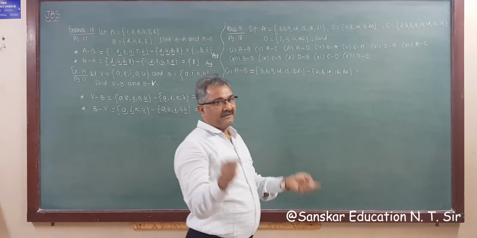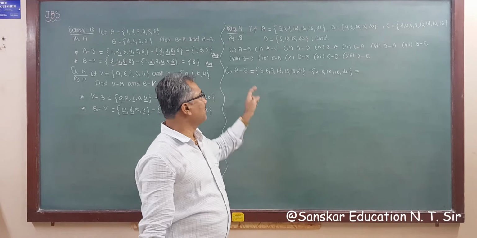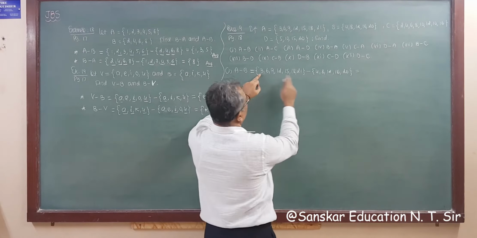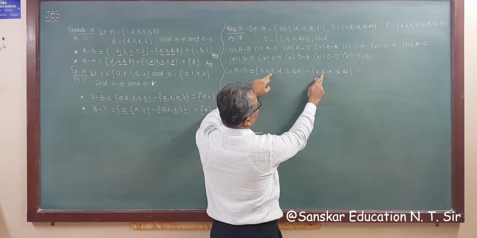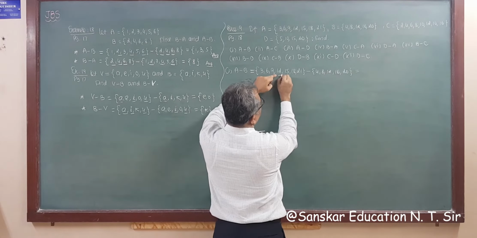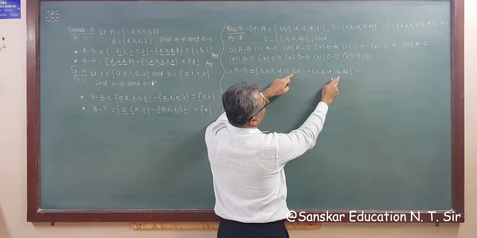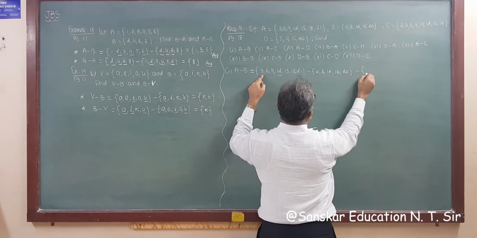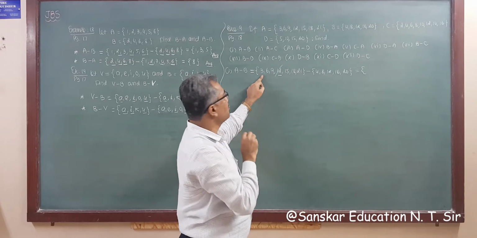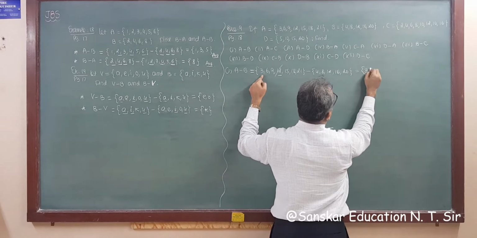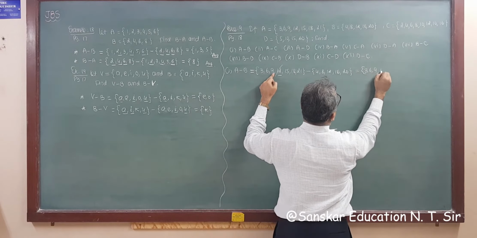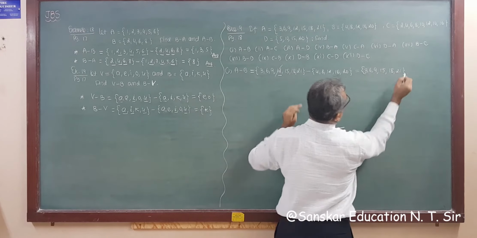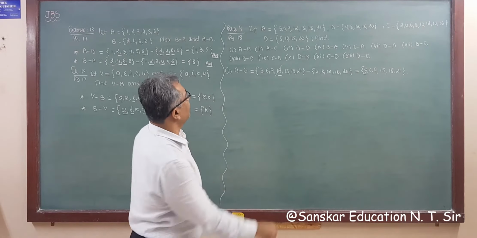Difference of sets means you have to remove common elements from the first set. So 3, no; 6, no; 9, no; 12, yes; 15, no; 18, no; 21, no. So we have to remove only 12. So the answer is 3, 6, 9, 15, 18, 21. So this is your A minus B.